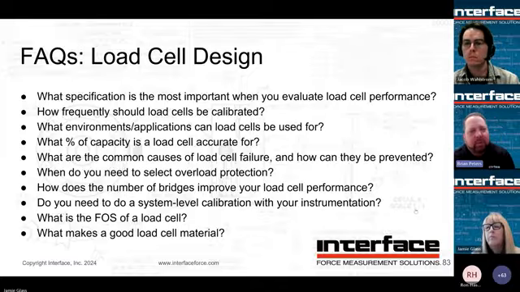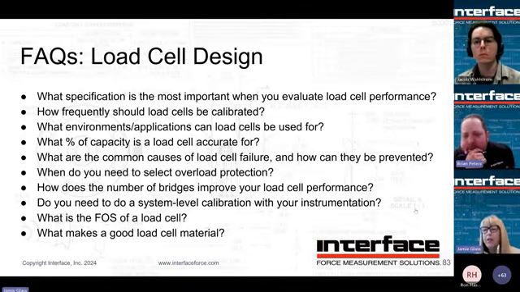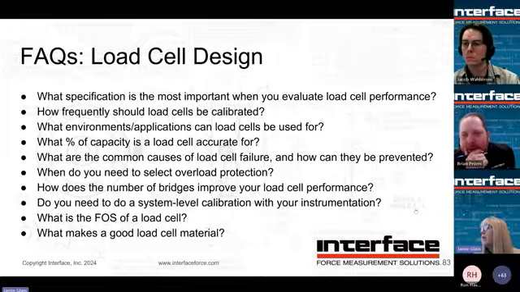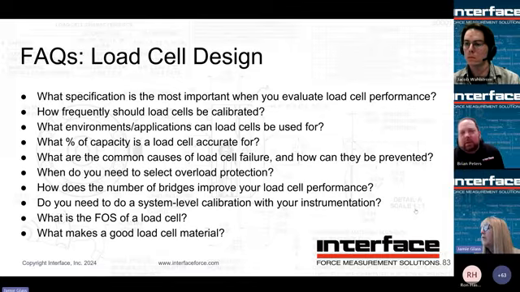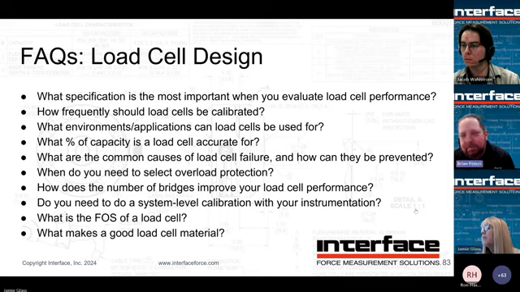All right, we'll bounce through a couple of these FAQs. Can I ask you a couple more questions that came in through the chat? When installing a load cell on an actuator rod, does the orientation of the load cell matter, meaning live end facing the actuator body versus live end facing the test article? I'll take it.